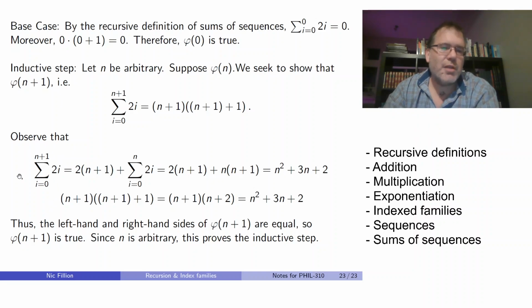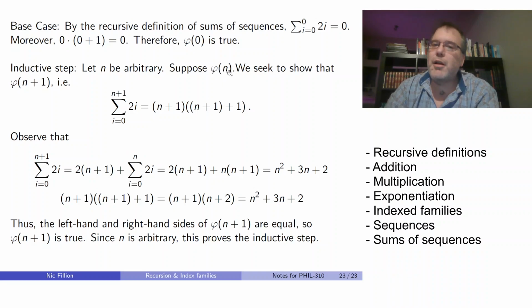So I start with my summation from i equals 0 to n plus 1 of that thing. So I use my recursive definition, right? My first term is 2 times n plus 1, because remember, my terms are defined using the multiplication 2 times i, so 2 times n plus 1, plus the summation, but now it's up to n, not up to n plus 1. Okay.